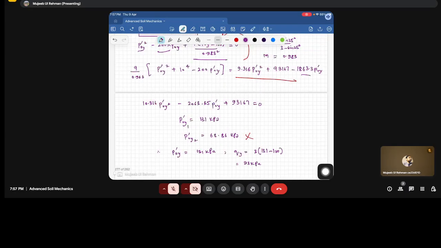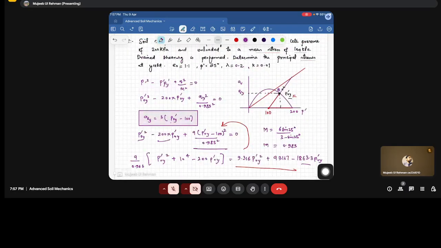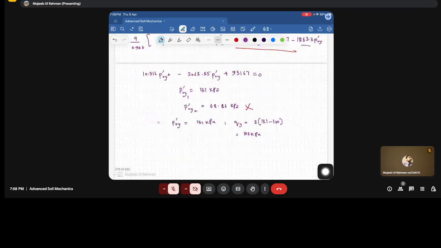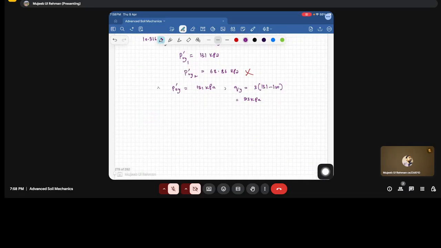So now we got this point. What are the coordinates of this yield point? Now corresponding to this, we need to find the principal stresses. We know that P naught dash y is equal to sigma 1 dash plus 2 times sigma 3 dash by 3, basic formulations, and Qy can be written as sigma 1 dash minus sigma 3 dash. So sigma 1 dash can be written as Qy, 93, plus sigma 3 dash.